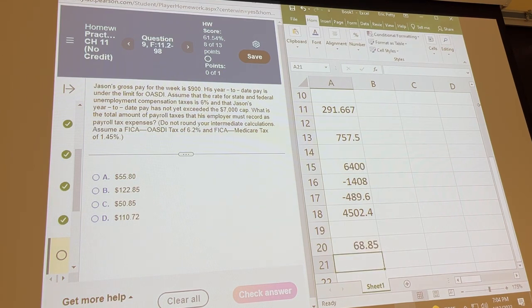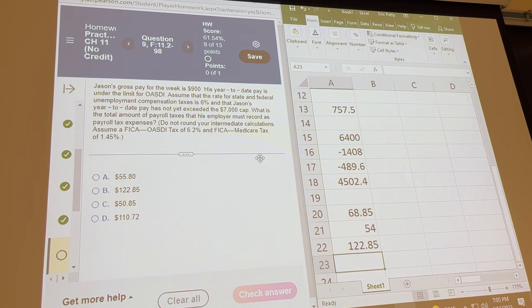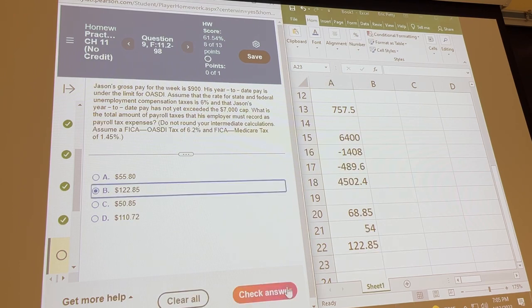And then for SUTA and FUTA, they're saying 6%, so $900 times 6%. Then add those two numbers together. So it would be $122.85.